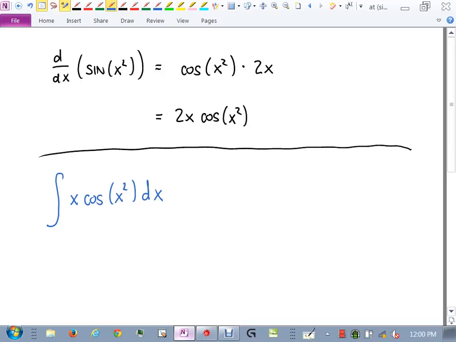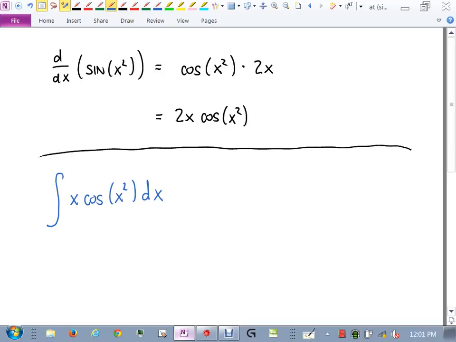First one, take the derivative of sine x squared, you get 2x cosine of x squared. Now, I've almost given you our answer there. It's almost the same thing. What am I missing here? The 2, right? I have an x, not a 2x. It would be reasonable to think that the antiderivative of that should be really close to sine of x squared, right? How do I get back to it, though?